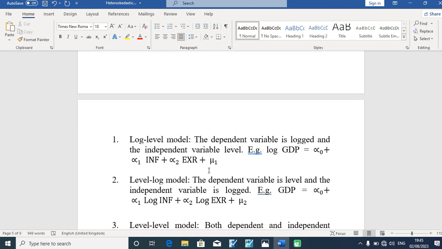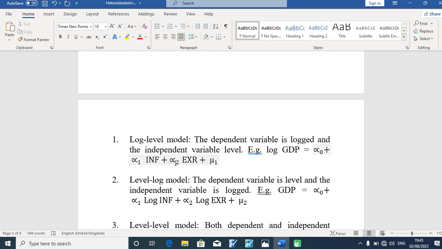So looking at what we have here, we have a log-linear model where the dependent variable is logged and the independent variable is in level. At that level there may also be an issue. So if you find yourself in a situation where you have heteroskedasticity and you want to resolve it, the first thing to do is look at the unit of measurement and see how you can modify it.